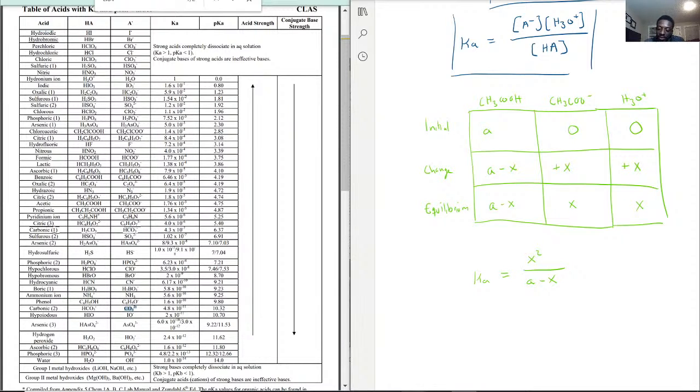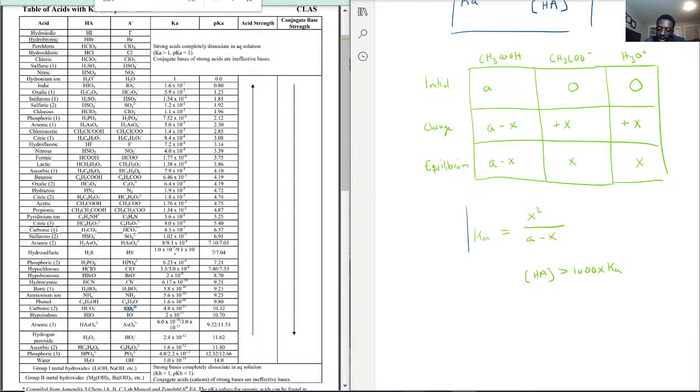Now, the good news is that when your concentration of HA is at least 1,000 times bigger than Ka, your formula turns into this: Ka equals X squared over A. Why?